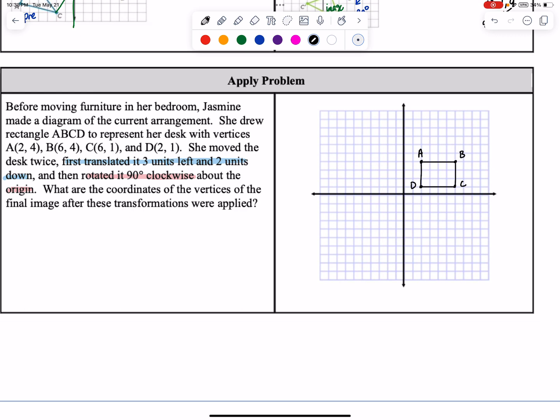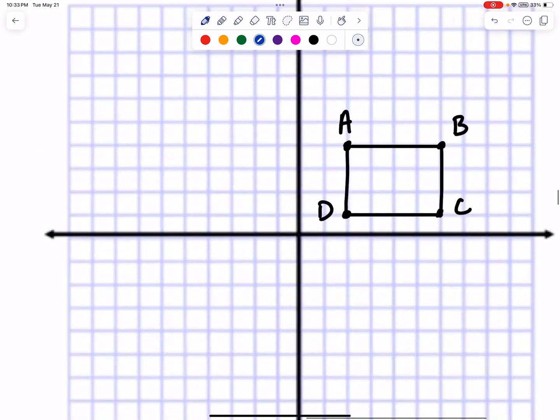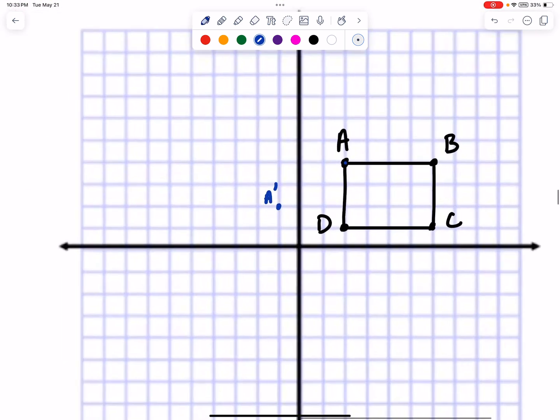All right, we got to translate it. 3 units left, 2 units down. Okay, so every point we need to go 3 left, 2 down, 3 left, 2 down. I'm going to take care of A first. 1, 2, 3, 2 down, 1, 2. So A is now here, but this is A prime, right? 3 left, 2 down. Am I still doing that right? Yep. Okay, 1, 2, 3, 1, 2.